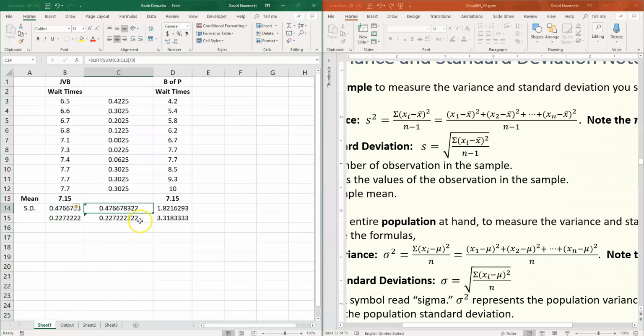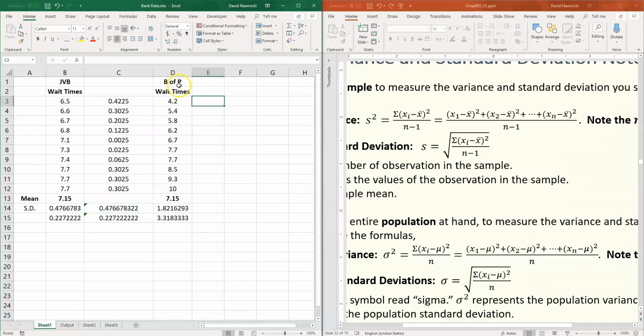And that's how you can calculate the standard deviation and variance by hand. You just have to calculate in your spreadsheet each of these values, copy them down, and then just sum all of them up, divide by n minus 1, and take the square root if you want the standard deviation.